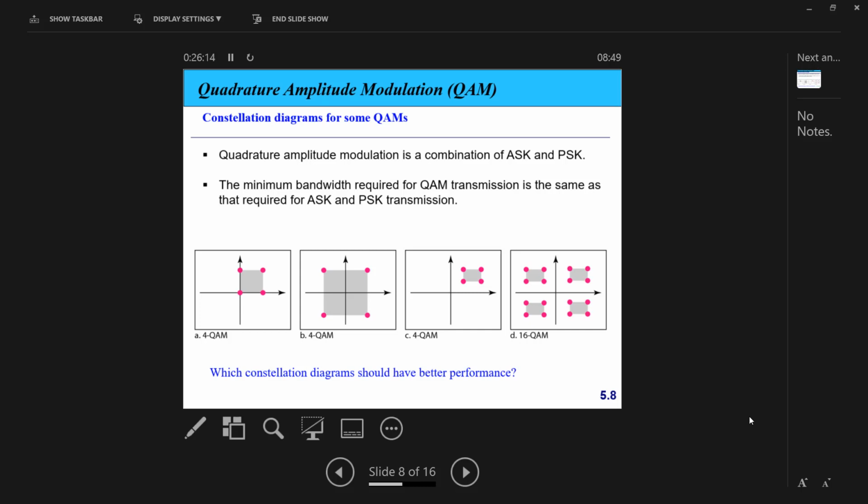But what is the advantage? Small. And what is the problem with small? This exact question was in the midterm with two marks: one mark to state the advantage and one mark to state the disadvantage. Because this one is better, but better from which point of view? Better from the bandwidth point of view, because I sent 4 bits at the same time, but worse from the bit error rate because the spacing is smaller. That's better from bandwidth but worse from the bit error rate.